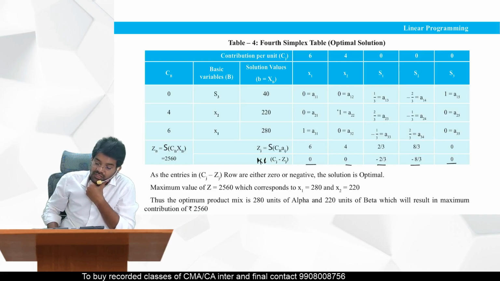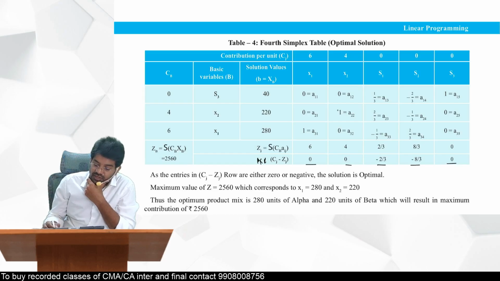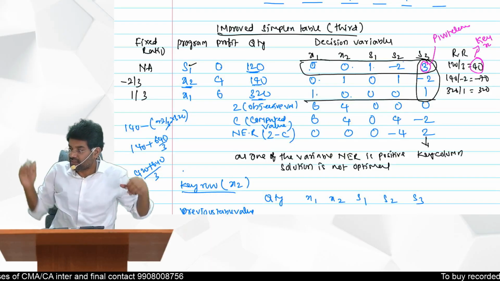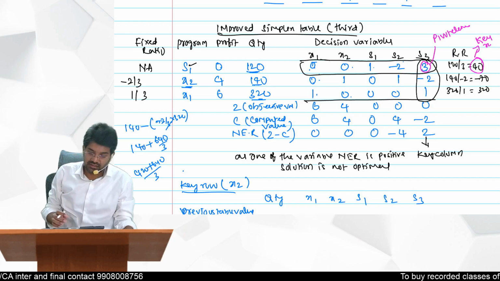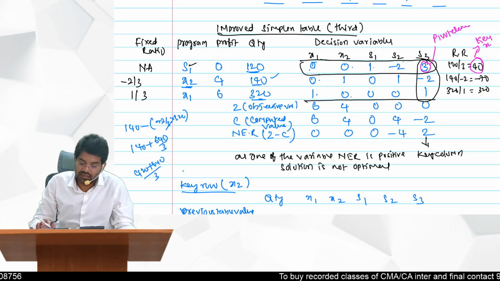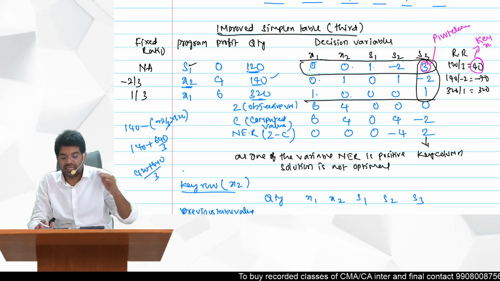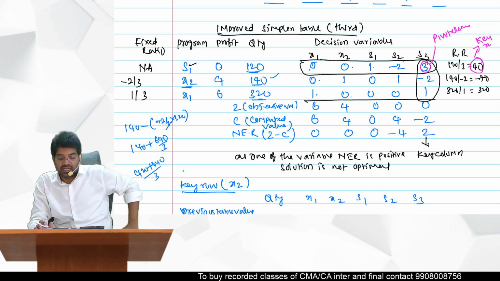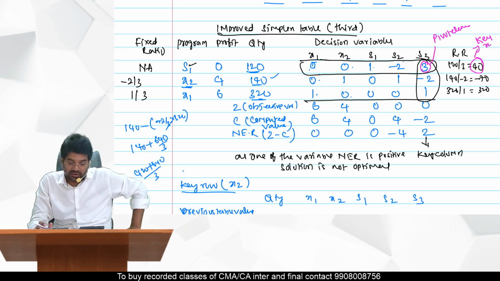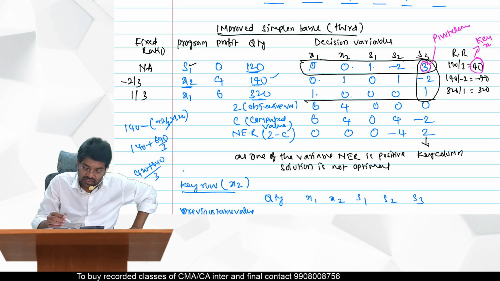So how did they get this 220? According to our steps, let us do the steps now. This is a non-key row, no? For a non-key row, what is the formula? Previous table value minus fixed ratio into the corresponding key row element. One mistake I have made: I have taken 320 here, but it is not 320.